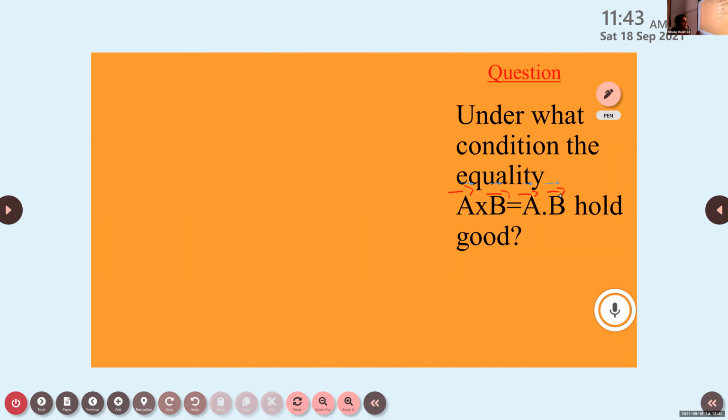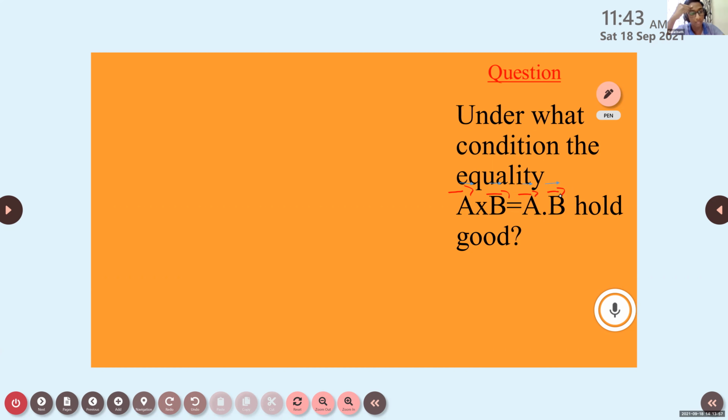What is the condition for this equality? We can say theta is 90 degrees.